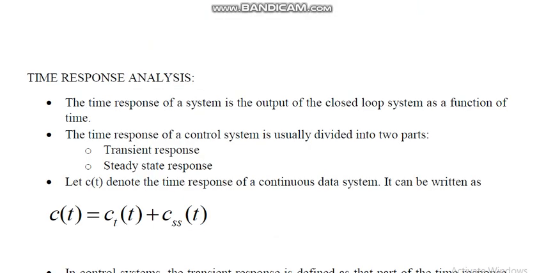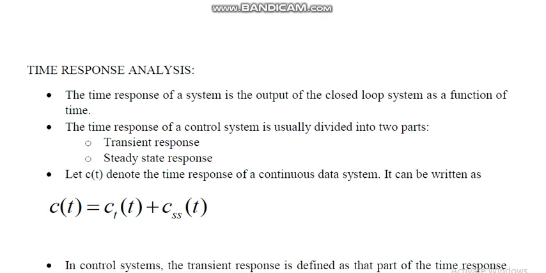So the output C of t I can represent using this equation: C of t is equal to Ct of t plus Css of t. Here Ct of t means the transient response, and Css of t means the steady state response.